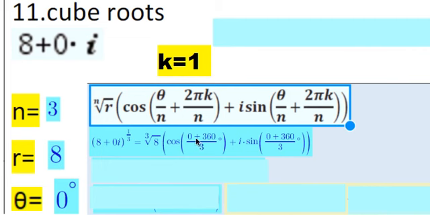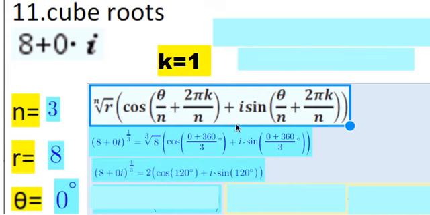So instead of just having 0 over 3, we have 0 plus 360 over 3. We have 0 plus 360 over 3 for the sine as well. So that's the only thing that changes with the second root. Everything else stayed exactly the same. So now we calculate 360 divided by 3, and we get 120.